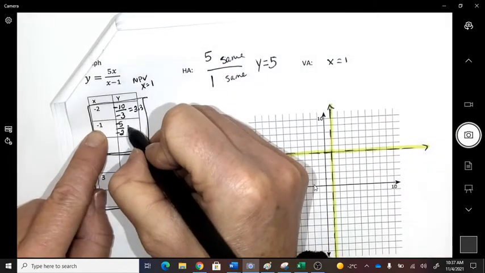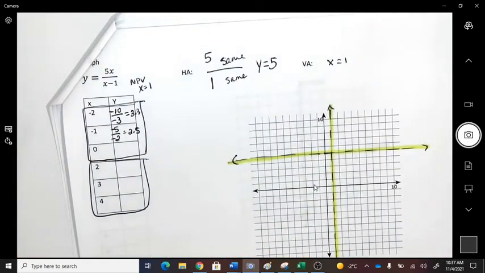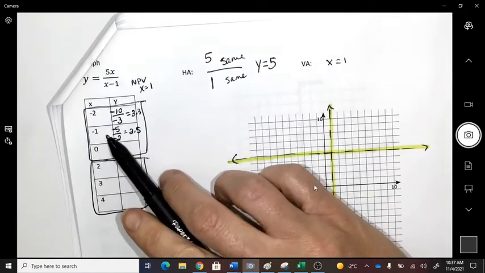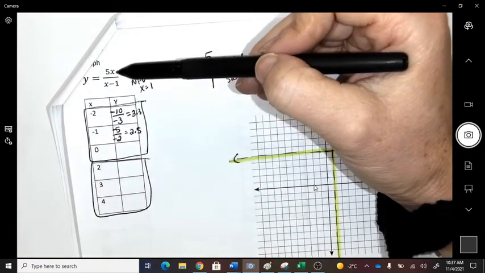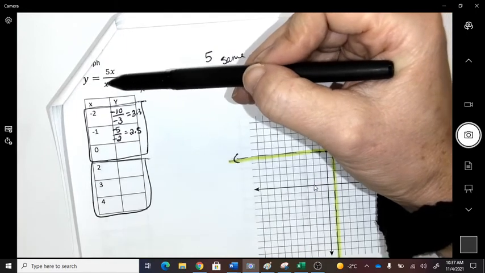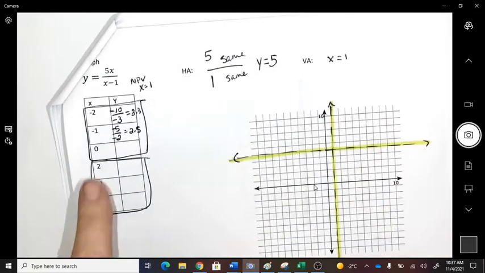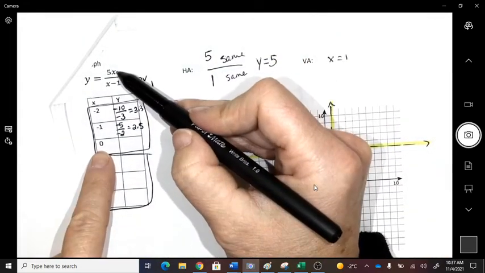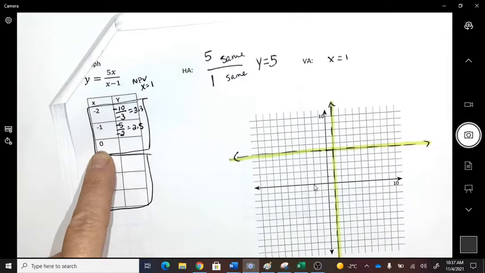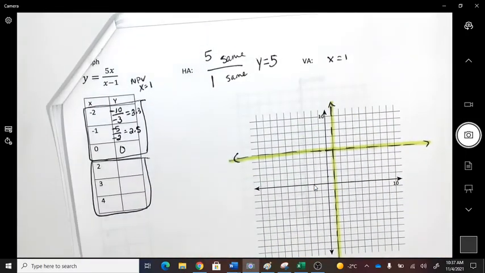So on a graph, that would be a 2.5. Where are we getting these values from? I'm plugging in a -1. So what do you get on the top here when you do 5 times -1? And then -1 subtract 1. Okay. Do you see the numbers? I'm just plugging in. So then when I plug in 0, what is that? Just boom, like that. 0, because the top is 0.